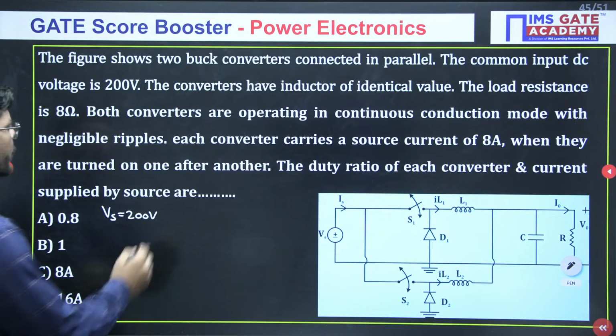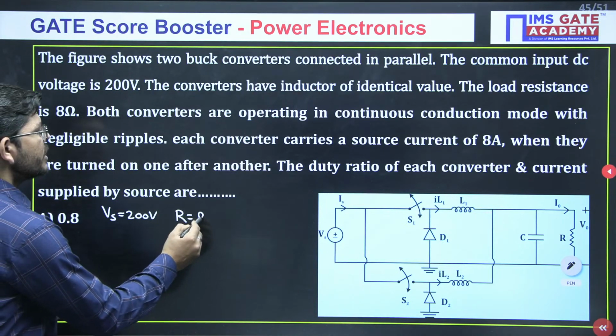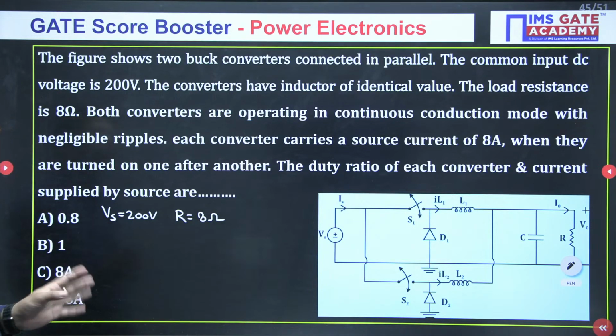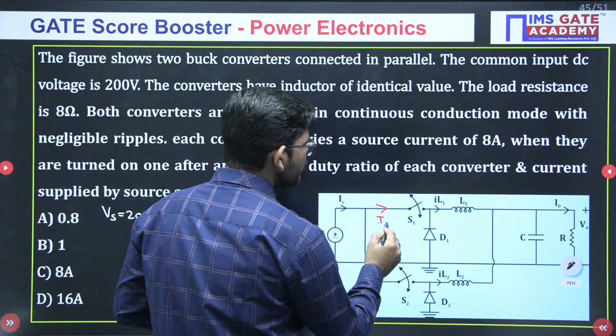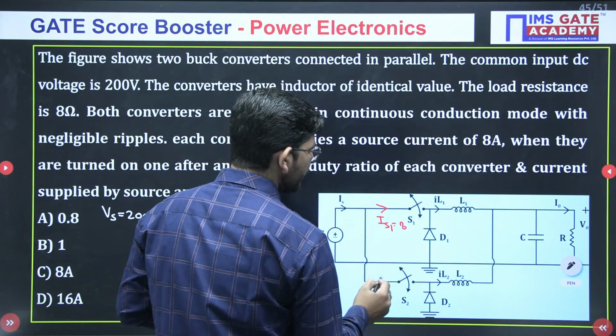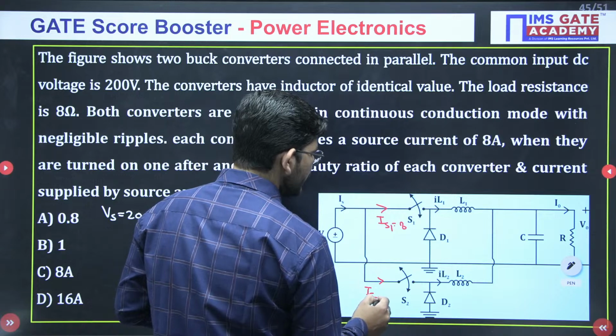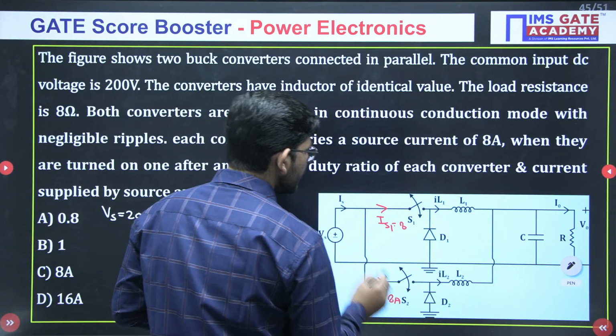The load resistance is 8 ohm. Both converters are operating in continuous conduction mode with negligible ripple. Each converter carries a source current of 8 ampere. So IS1 and IS2 are 8 amperes.